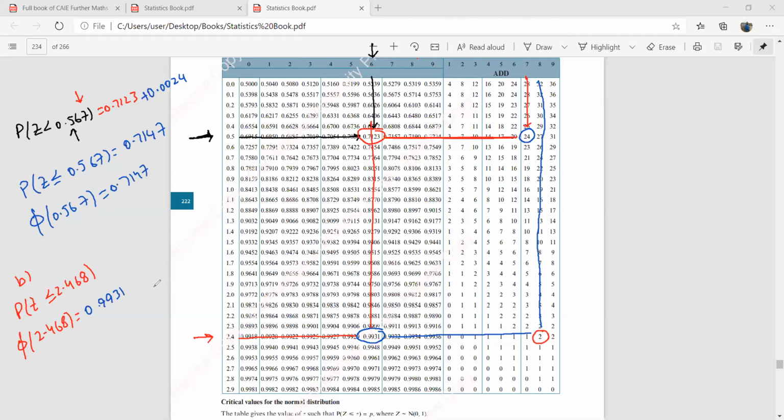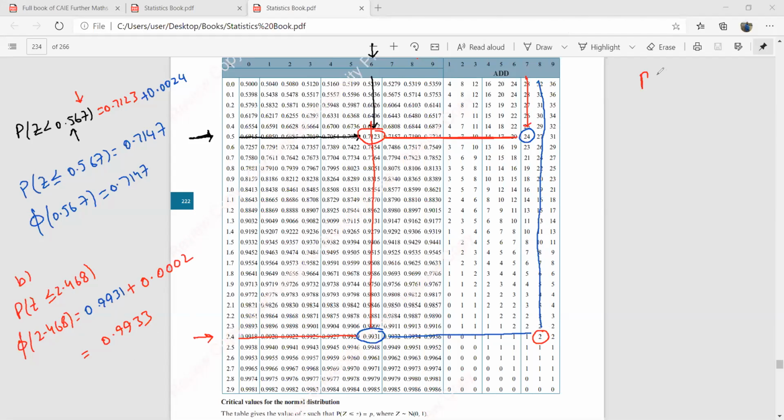This 2 would be written correct to 4 decimal places, as 0.0002. So phi of 2.468 is going to be 0.9933. This is the probability that anything is less than 2.468, that is 0.9933. Okay?